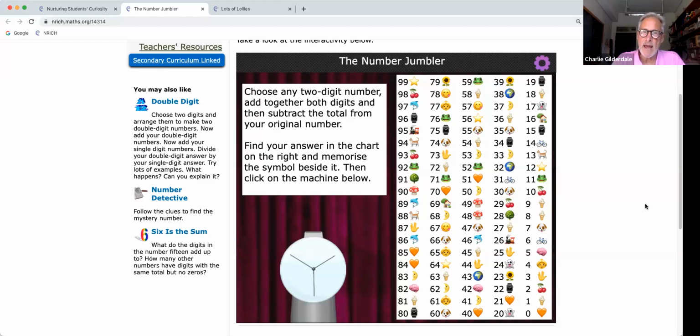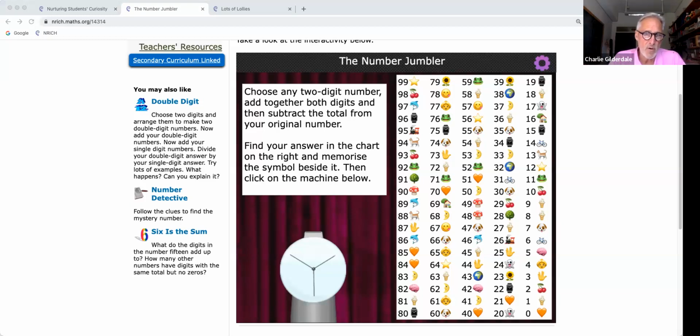And we'd like you to then add together your 2 digits. So I'm going to choose a nice easy one like 24 because 2 and 4 are really easy to add. So take your 2-digit number, add the digits. And when you've done that, subtract the total from your original number. So in my case, I'm going to have to subtract 6 from 24.